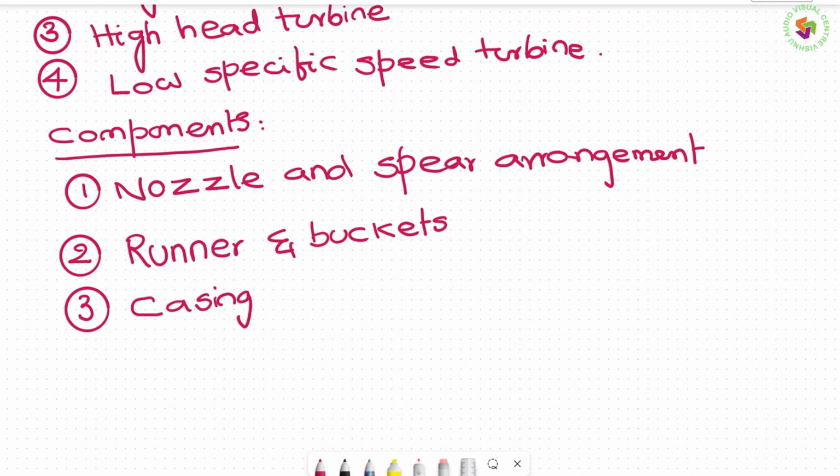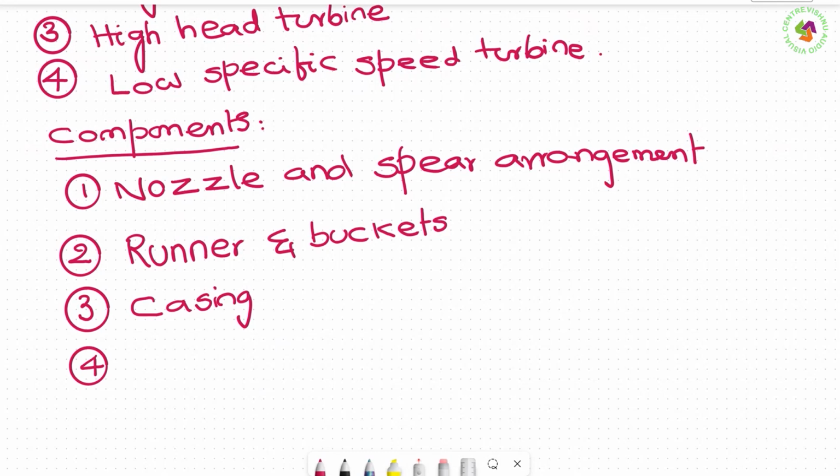If casing is not provided, then the runner will be rotating just like that, and the water that comes onto the runner will be splashed everywhere, directed all around 360 degrees rather than in a focused way, and all that is going to be wasted. Number two, if somebody goes nearer to the turbine, accidents may occur. So casing is a must.